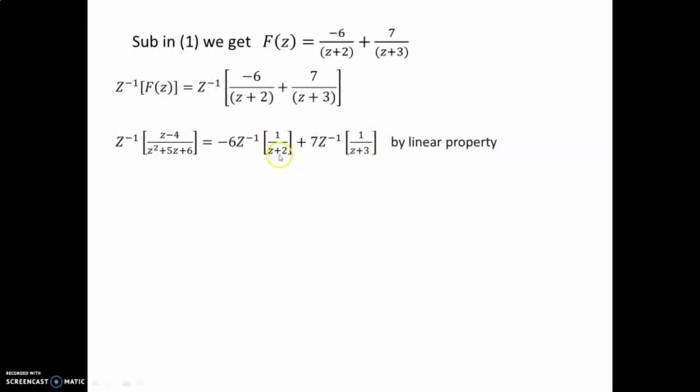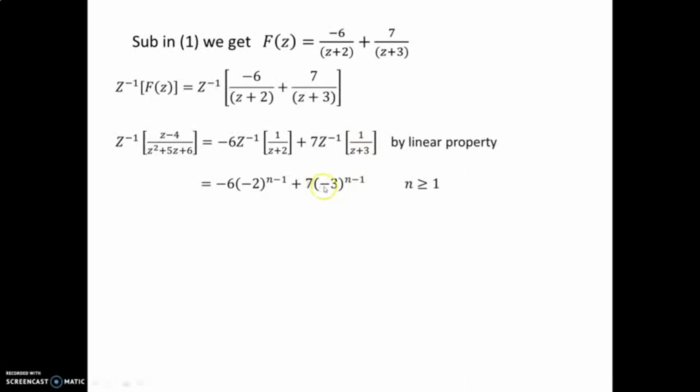Therefore, to apply the inverse formula directly, we know that z inverse of 1 by (z minus a) is a power n minus 1. Here a is minus 2. Therefore, we get minus 6 into (minus 2) the whole power n minus 1 plus 7 into z inverse of this function, which is also an elementary function. Already we know that z inverse of 1 by (z minus a) is a power n minus 1.